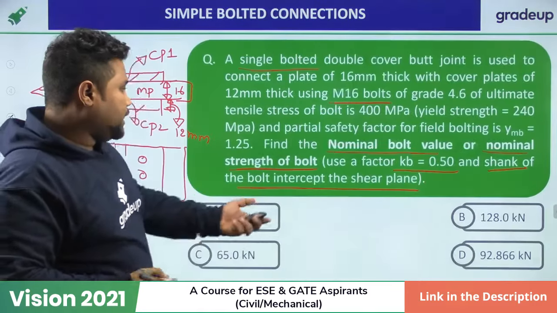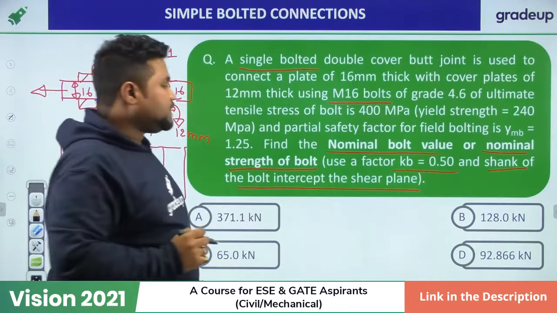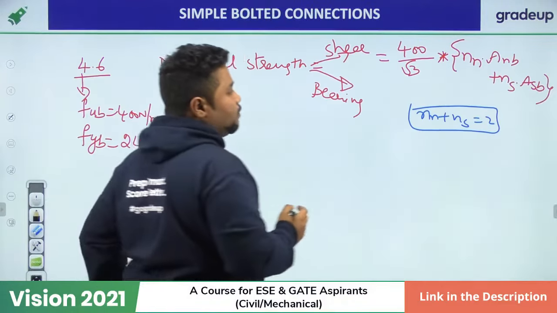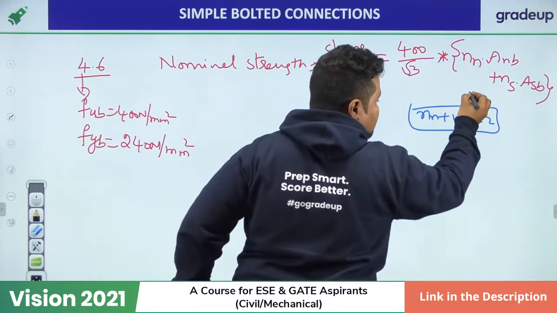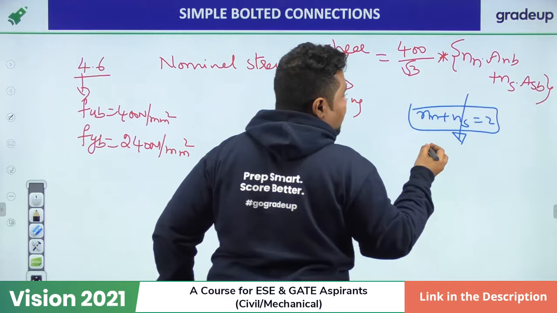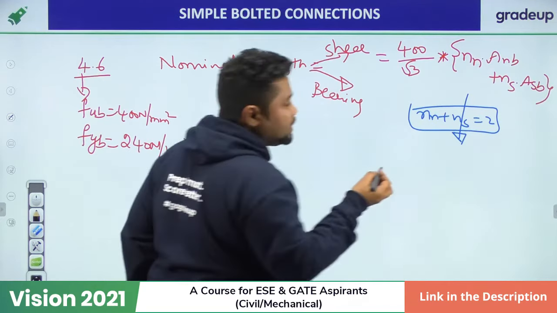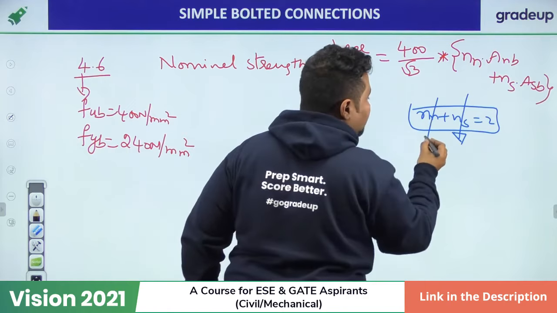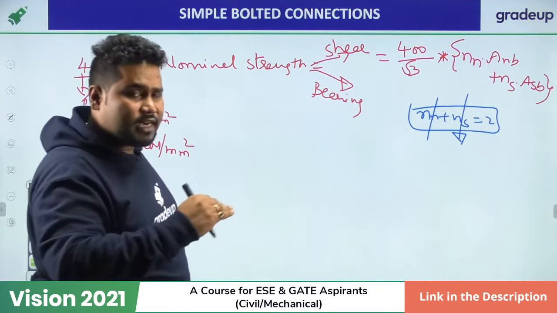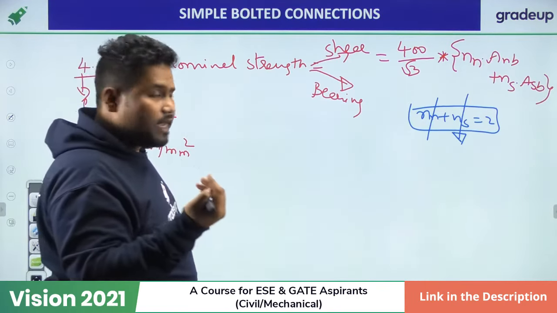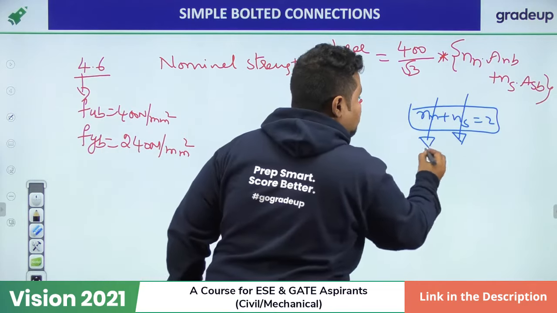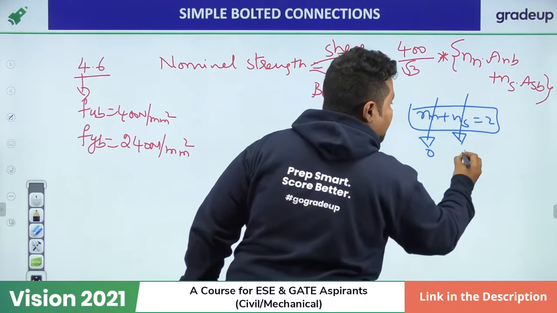The clue is that the shank of the bolt is intercepting the shear plane. So this NS will be there. Number of shear planes intercepting threads will be nothing. So this is 0. Shank will obviously be directly 2.